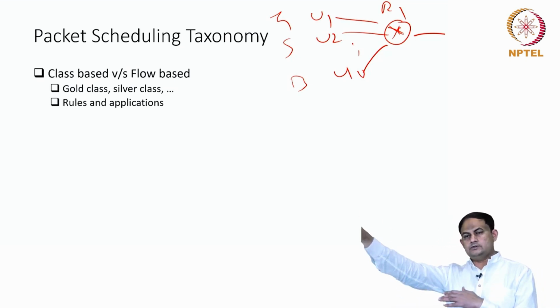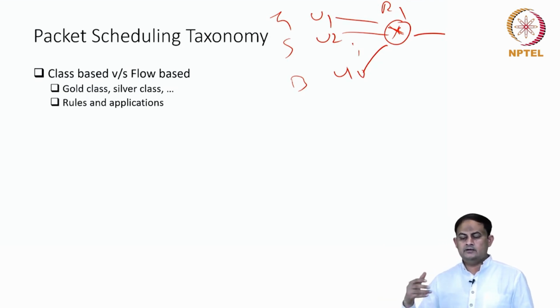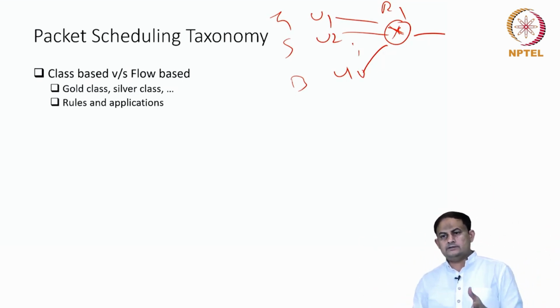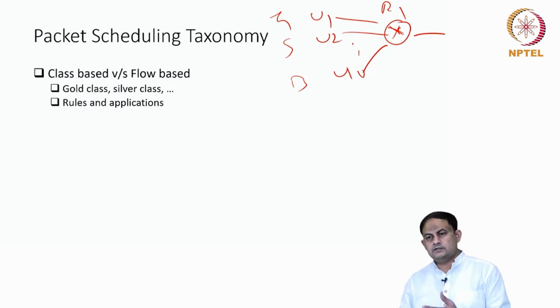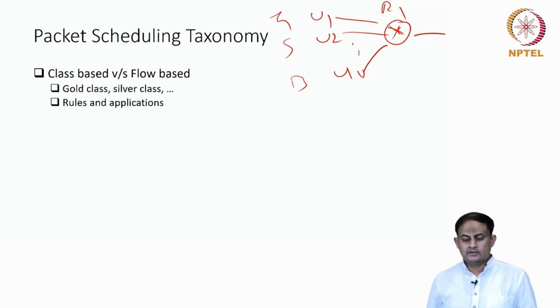Gold customers always have the highest priority, silver customers have less priority, bronze customers have the least priority, something like that. So, I map the users into some available classes, and then each class is given a priority, and accordingly you do the scheduling operation. That is how this scheduler works.